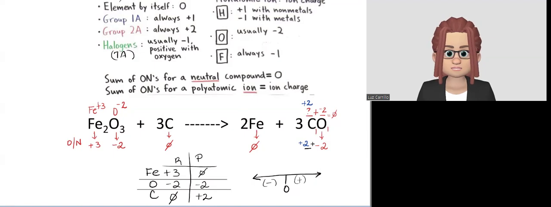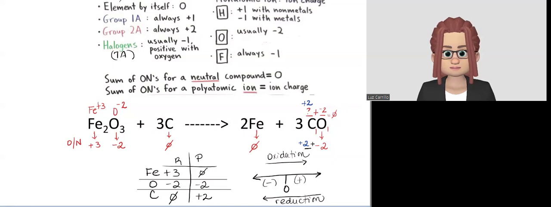Then, when I'm trying to determine what gets oxidized, it's going to be any value that has a movement from left to right. And any value that has a movement from right to left means that that atom, in terms of its oxidation number, undergoes reduction. Let me illustrate how to use this number line.